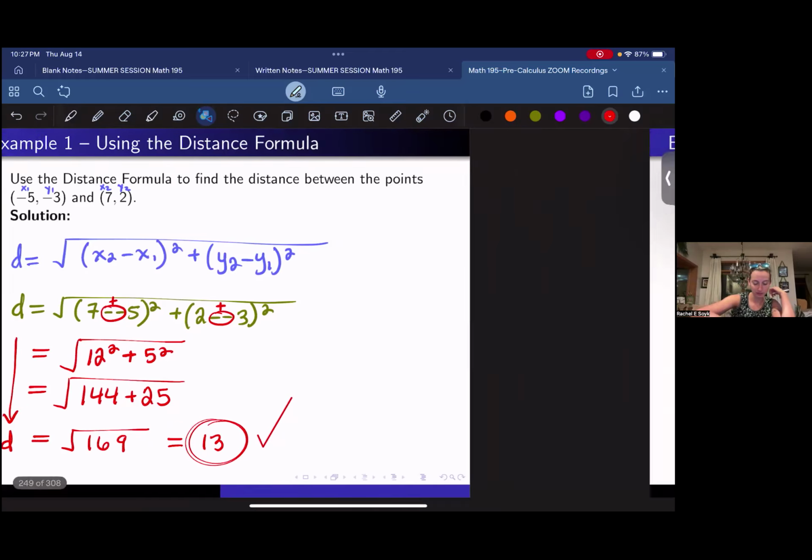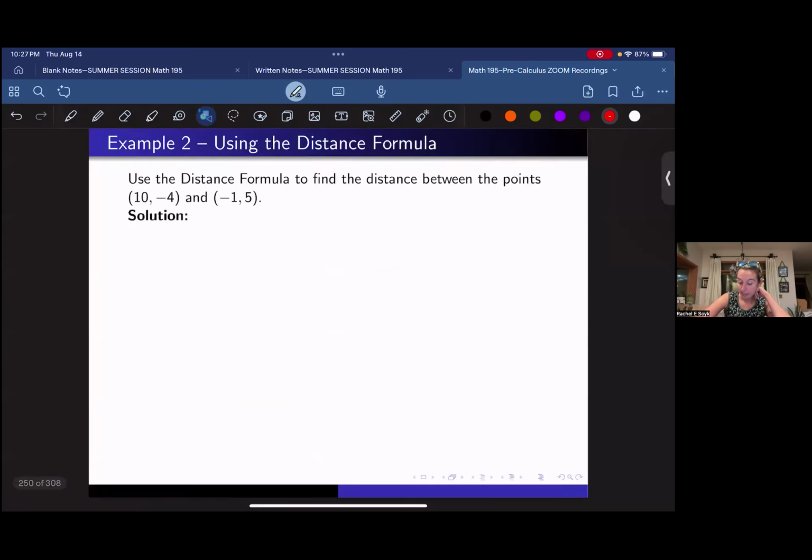Let's continue and tackle another example together. This time I won't write the general formula.